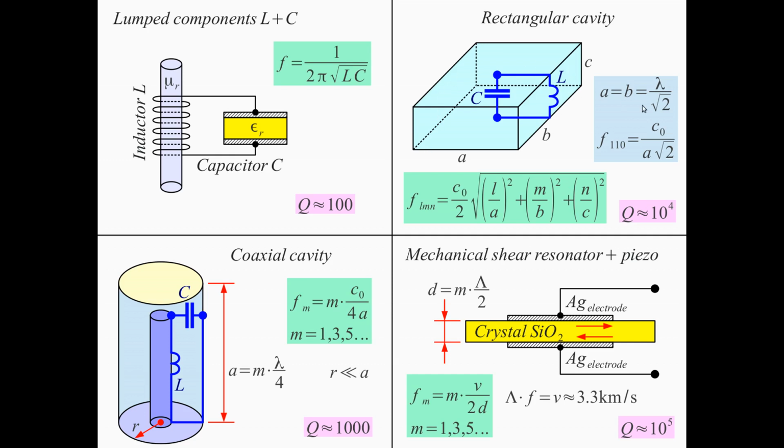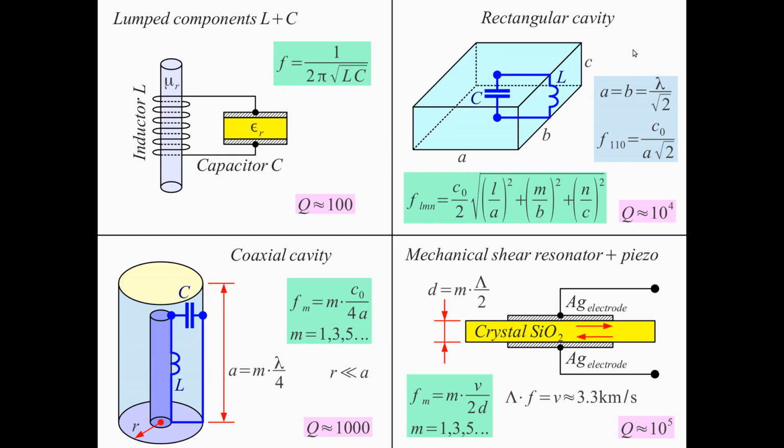If the cavity is larger, it has even more modes. So I have a simple formula for how to compute the modes L, M, N, where L, M, N are integers, and A, B, and C are the physical dimensions of this cavity, and C0 is the speed of light divided by 2. Here the electrical cavities end.